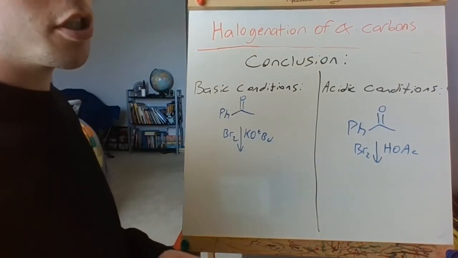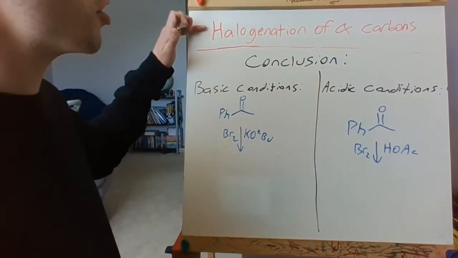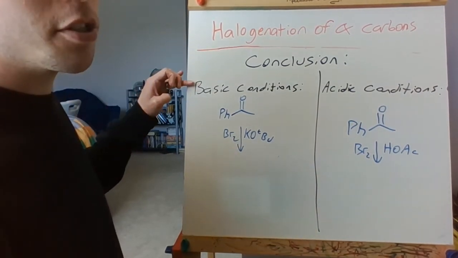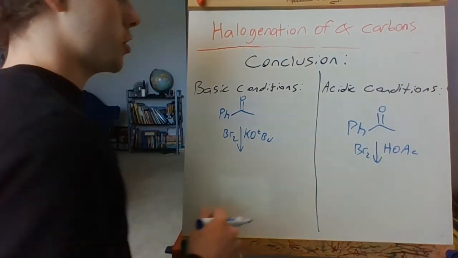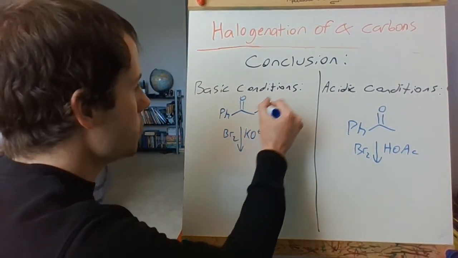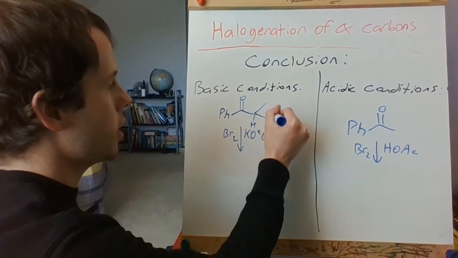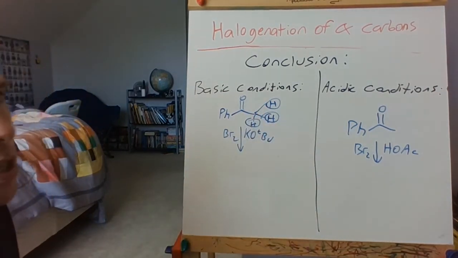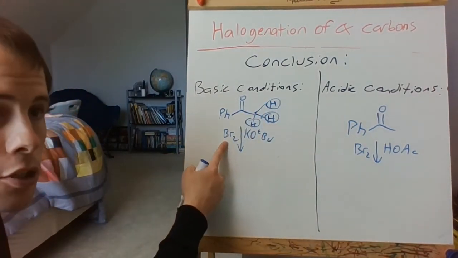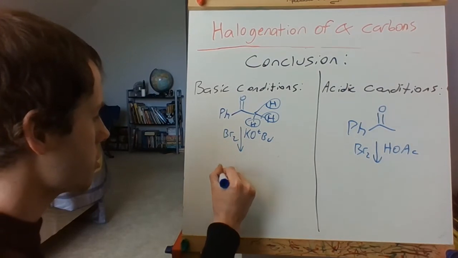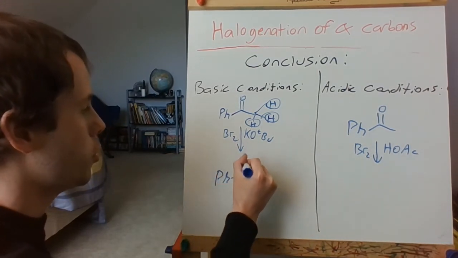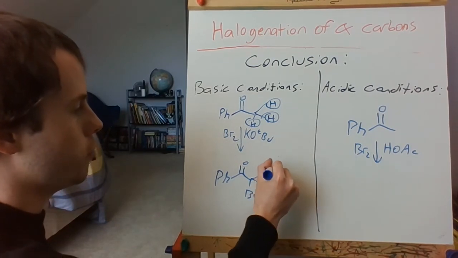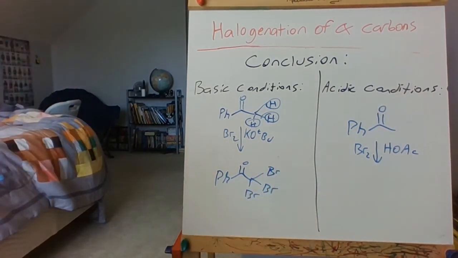In conclusion, when we do halogenation of alpha carbons under basic conditions, we get polyhalogenation. We take every single hydrogen on the alpha carbon, in this case there are 3, and substitute it with whatever halogen we're using, bromine in this case, so our product would be the addition of 3 bromines to the alpha carbon.